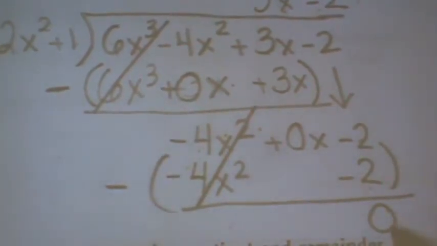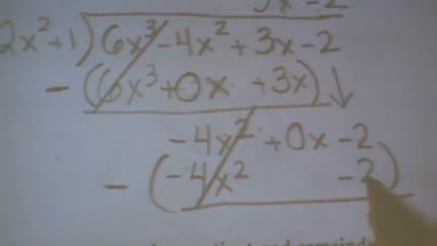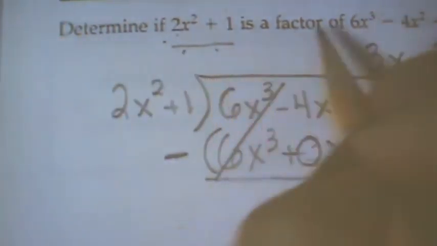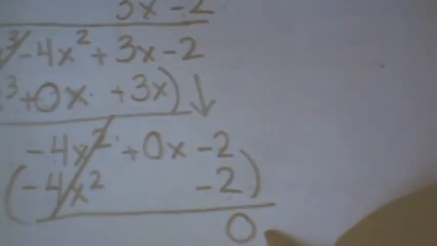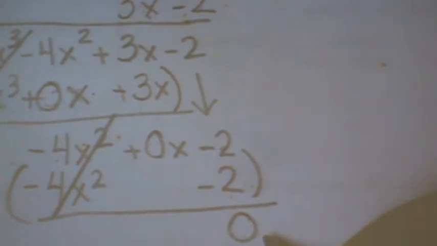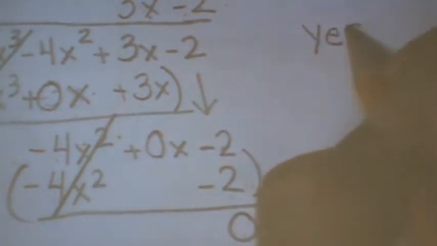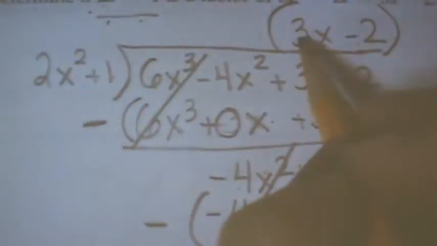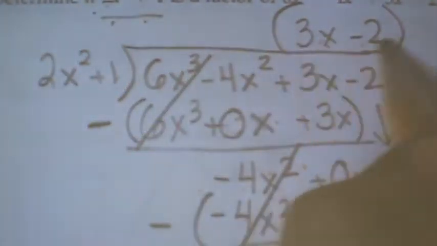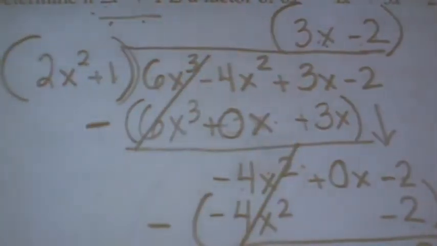What's my remainder? None. So the question, go back. It says determine if this is a factor of this. Yes, it is, because there is no remainder. So the answer is yes. Now, how could you check this to see if it works? If you multiply your quotient times your divisor, you will get your dividend.